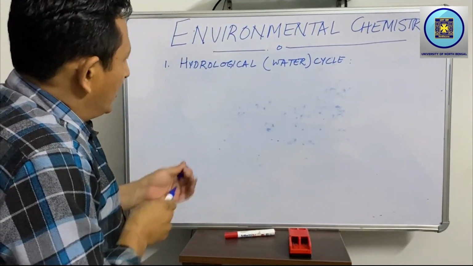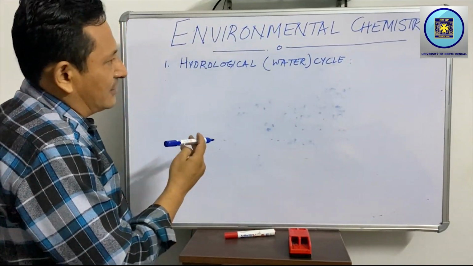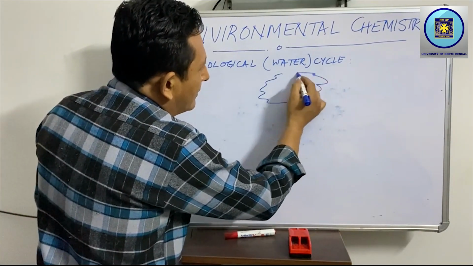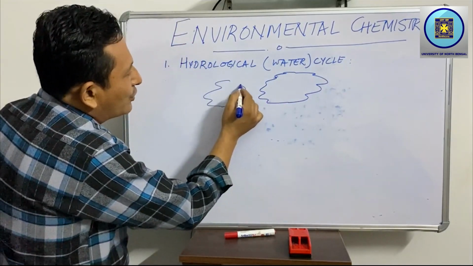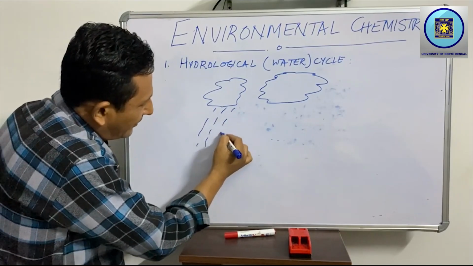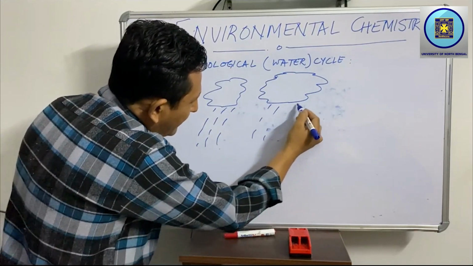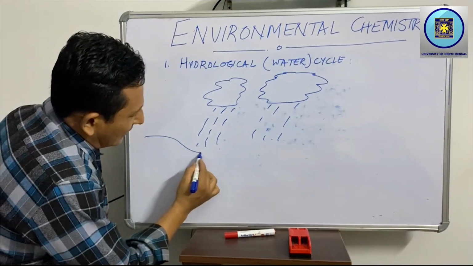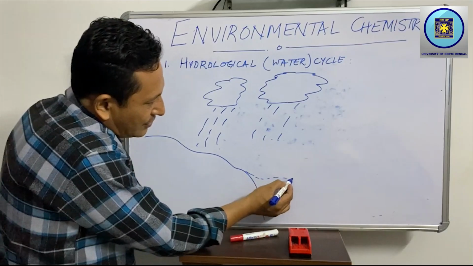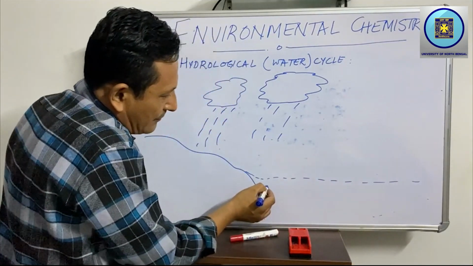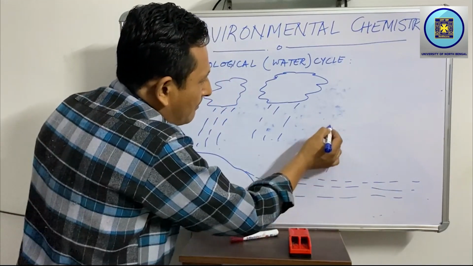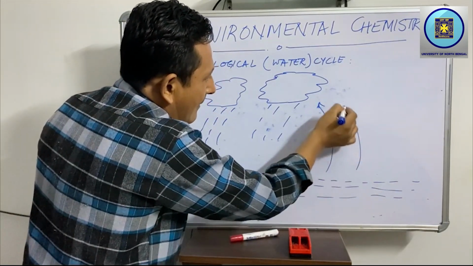So the hydrological cycle or the water cycle is basically a never-ending process of circulation of water from the clouds to the lands, and from the lands to the ocean, and from the ocean again back to the clouds.